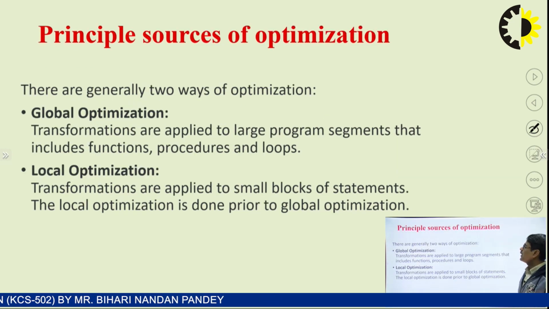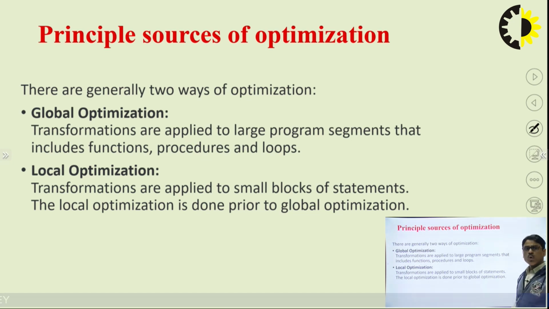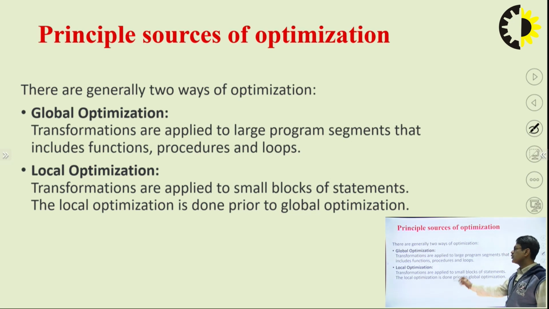Now, what are the principal sources of optimization? There are two ways of optimization. One is global optimization. The second one is local optimization. In global optimization, the transformations are applied to large program segments that include functions, procedures and loops.